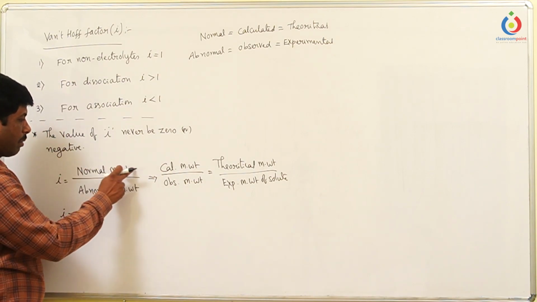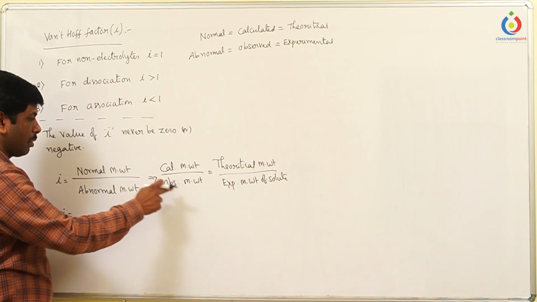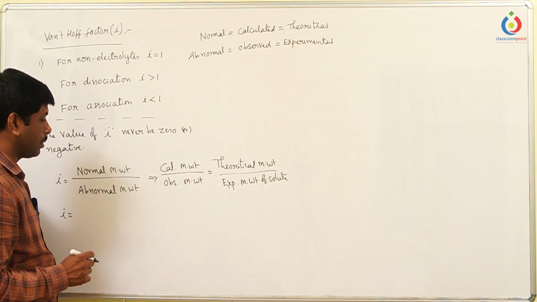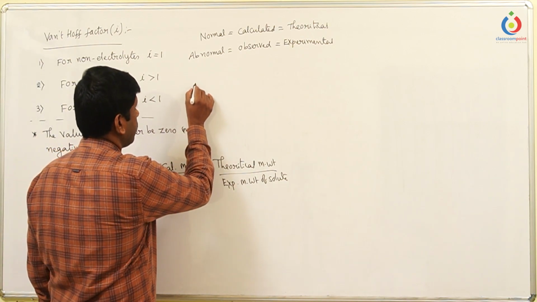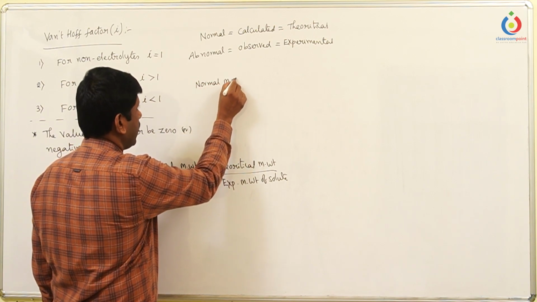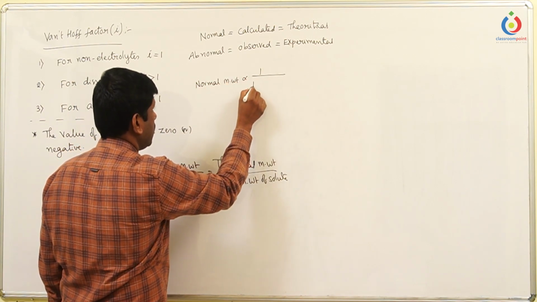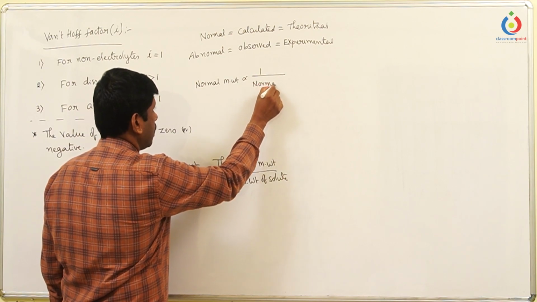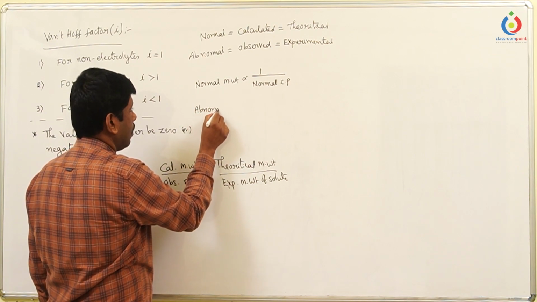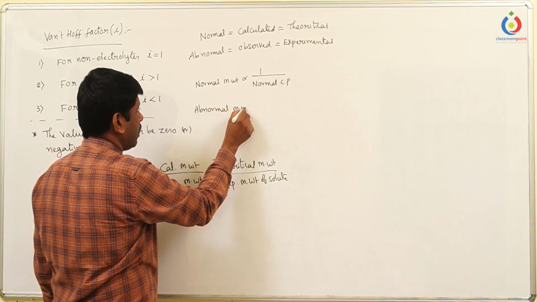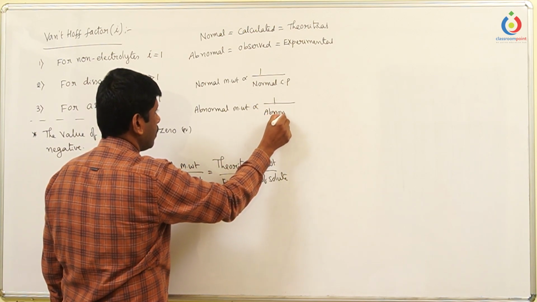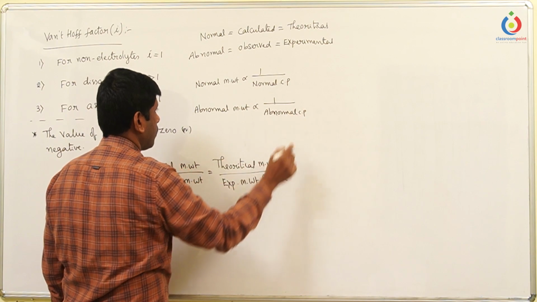So normal molecular weight is inversely proportional to the normal colligative property, and abnormal molecular weight of the solute is inversely proportional to the abnormal colligative property.